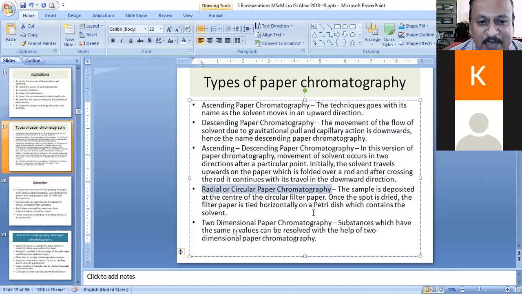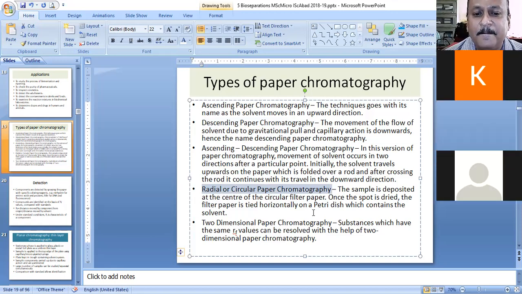Compared to ascending and descending paper chromatography, what is the advantage of radial chromatography? That is what I'm asking. So better visualization, yes, maybe. Visualization will be better.